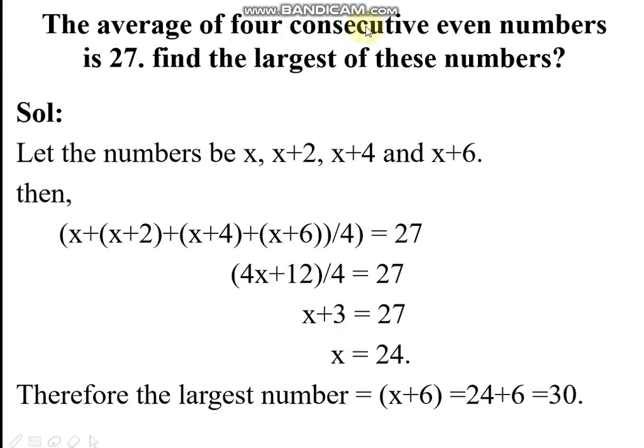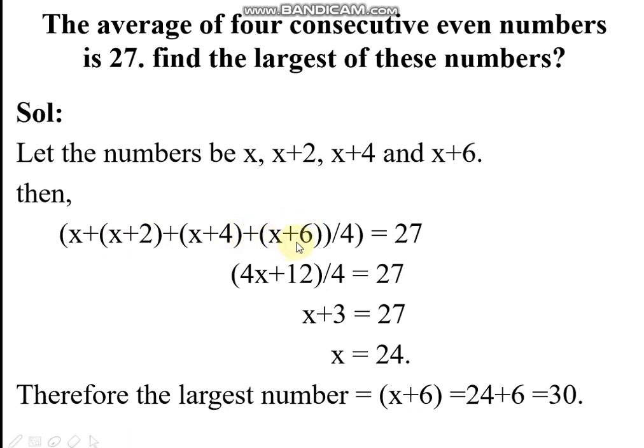The average of 4 consecutive even numbers is 27, given. Find the largest of these numbers. So 4 consecutive numbers are given, 4 consecutive even numbers. So the next even numbers are x + 2, x + 4, x + 6. We can let the 4 consecutive even numbers be x, x + 2, x + 4, x + 6.